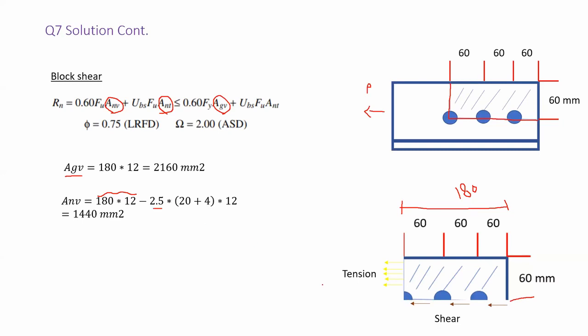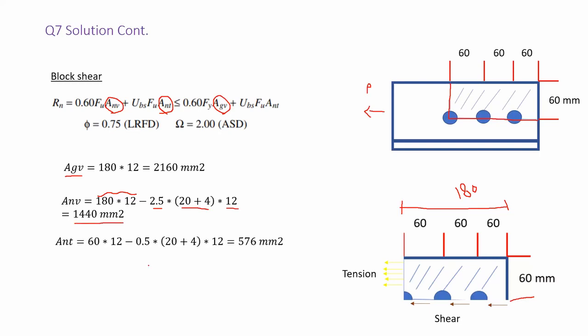So 2.5, because we have 2.5 bolts, multiplied by the hole size, 20 plus 4, 24, multiplied by the thickness of this leg, which is 12 millimeters. You obtain your net area in shear, 1,440.